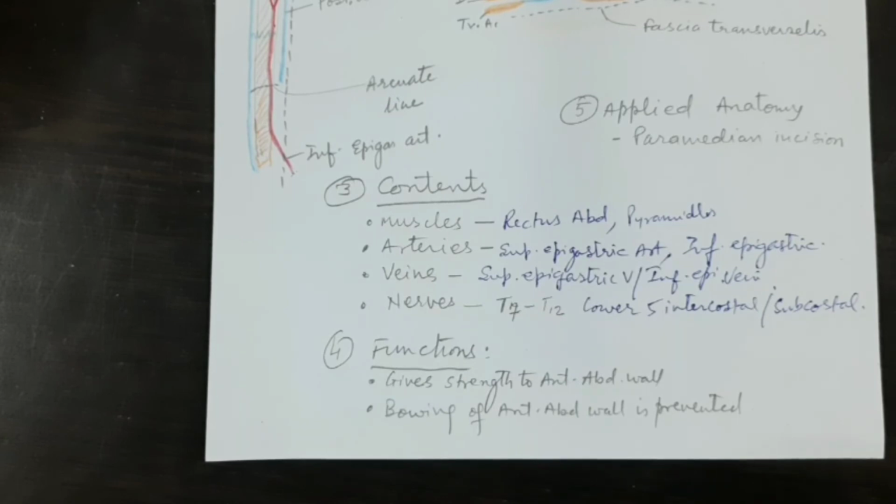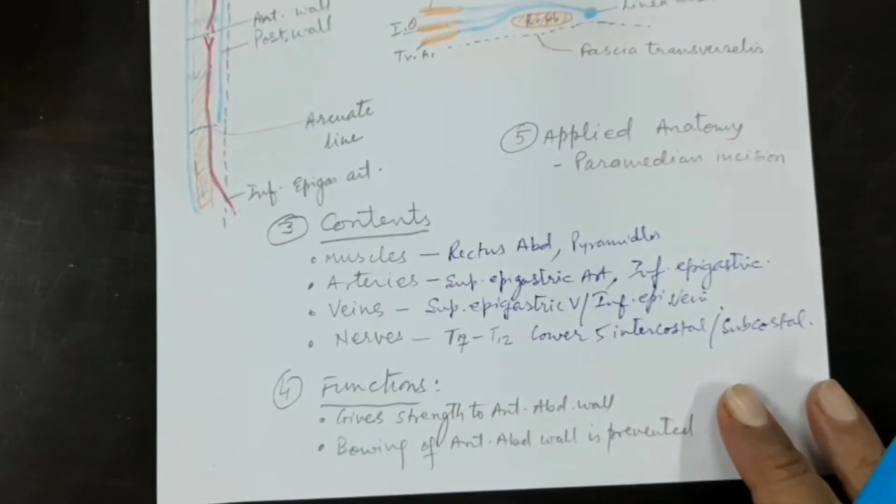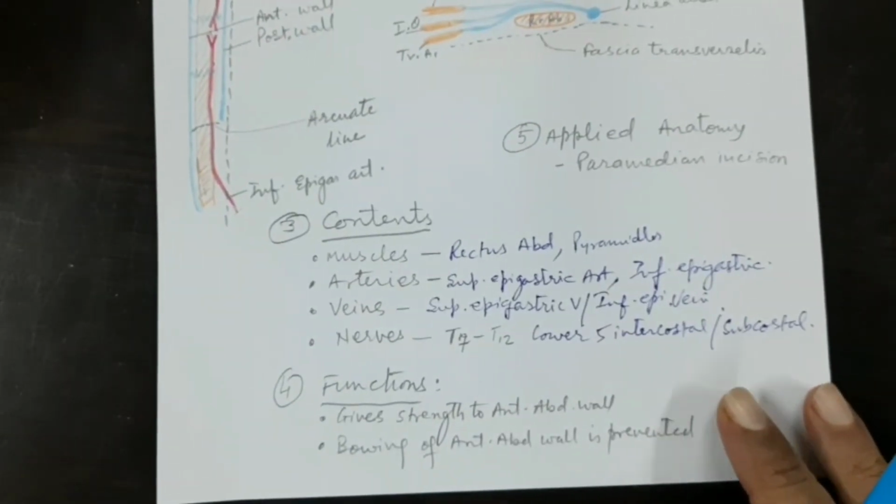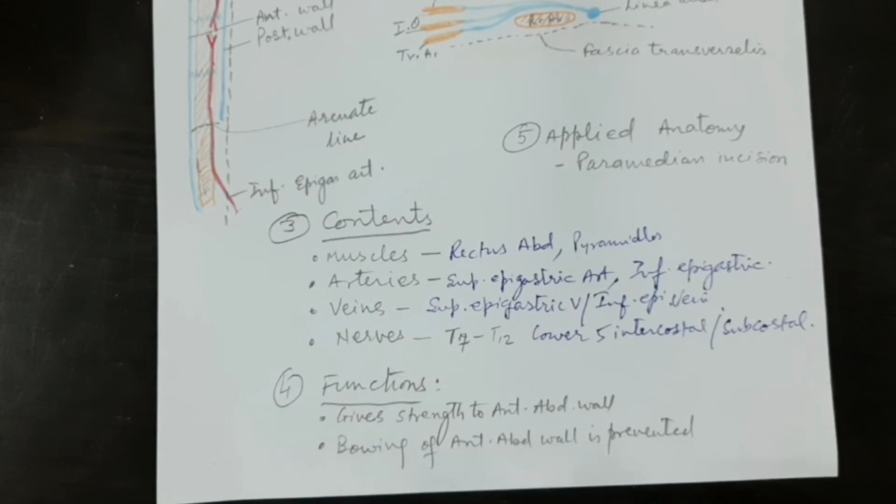Let us come to the functions. Why is there a formation of the rectus sheath? The anterior abdominal wall is made up of the external oblique, internal oblique, and transversus abdominis muscles. They are flat muscles and insert in the midline onto the linea alba.